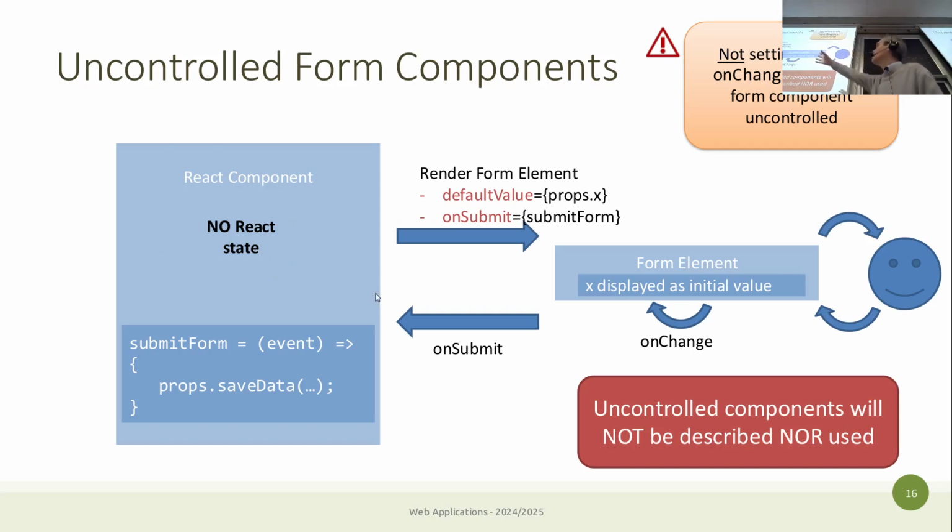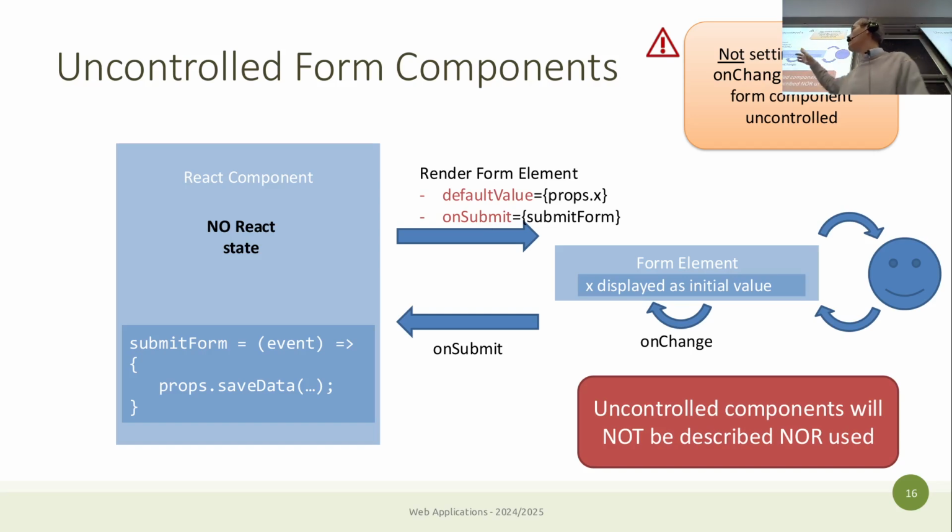So it's a problem for us. We don't know when things change. React cannot act in this case, so it will not re-render, and you have to set a default value, on submit and stuff like that. Basically on submit, you collect the values from the form. But you have no control over what's happening when the user is modifying the information inside the forms.